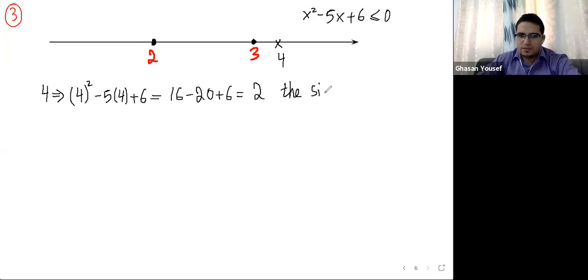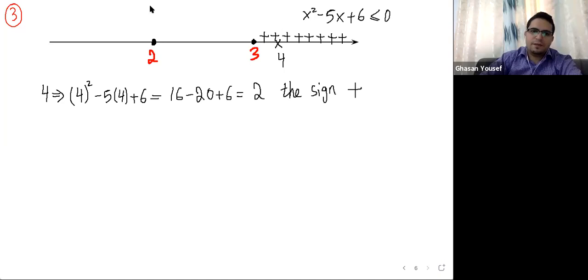It is positive. So all numbers here will be positive. If you pick any number greater than 3, it will be positive.